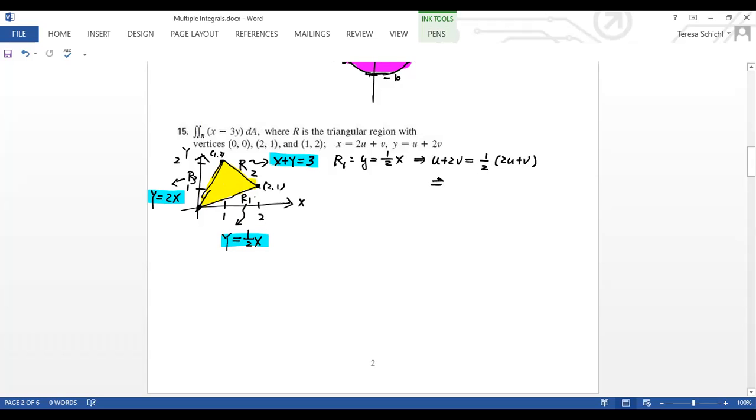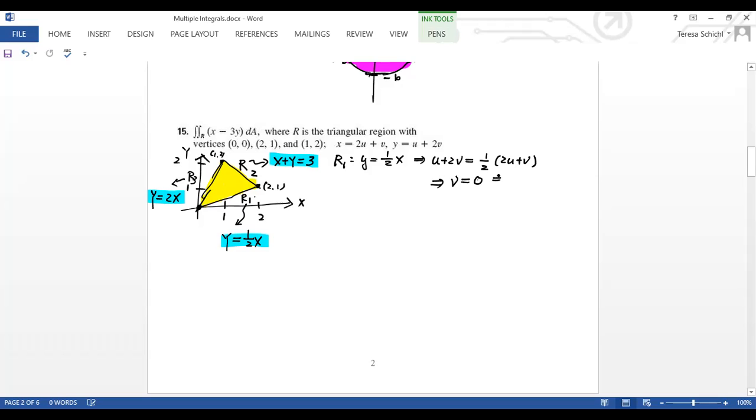You solve this and you will get v equal to 0, right? So v is equal to 0.